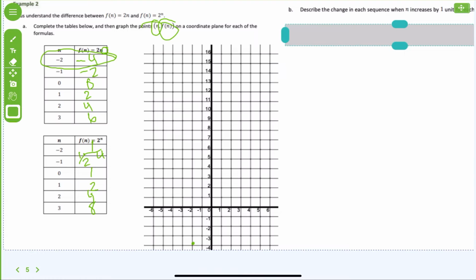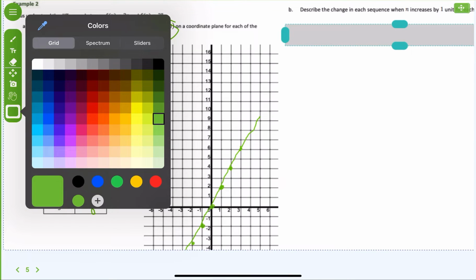Negative 1, negative 2. 0, 0. 1, 2. 2, 4. And 3, 6. Okay. Now for this, let's go ahead and I'll try to draw a line down through here. Close enough.